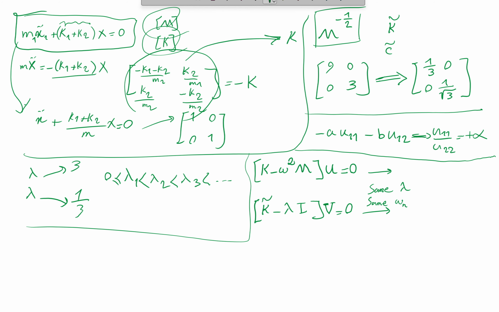If the question asks you to calculate the natural frequencies, you can use both of these forms. It would give you the same results for natural frequencies, but it is very possible that you will need to calculate the mode shape, or you will be asked to calculate the eigenvectors.